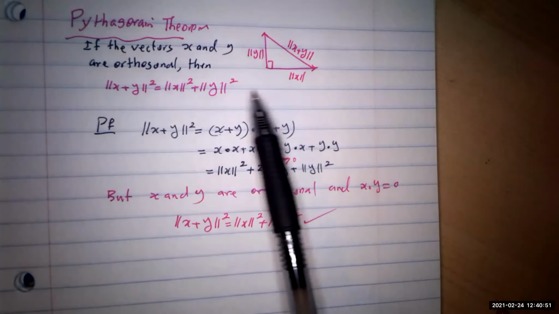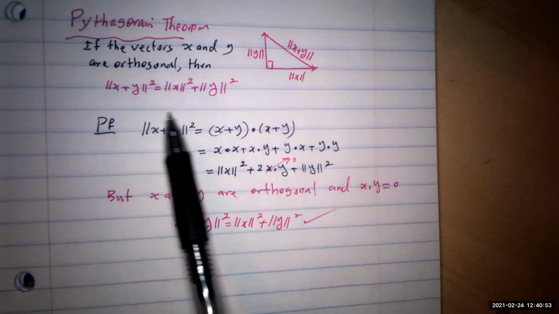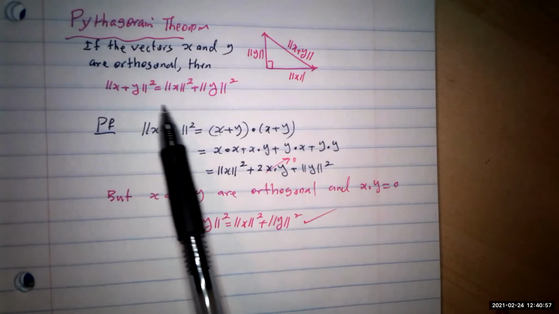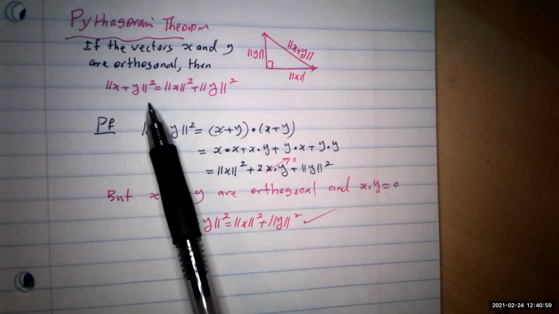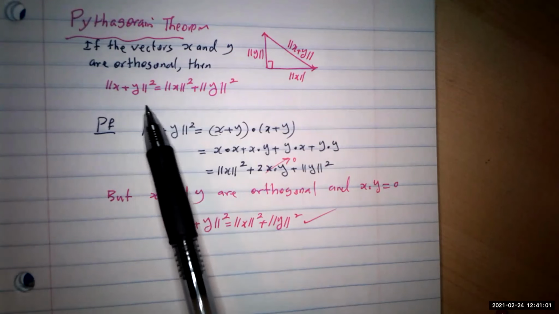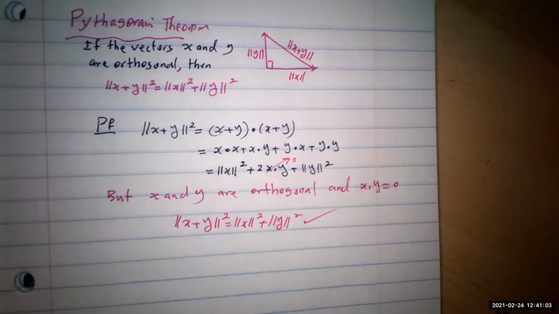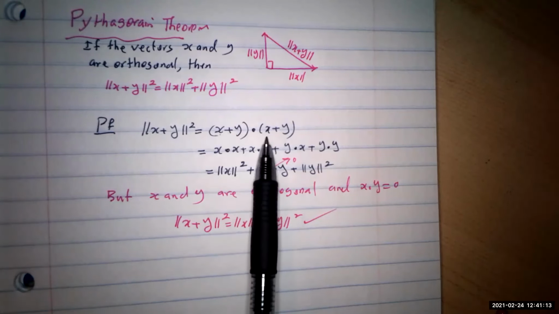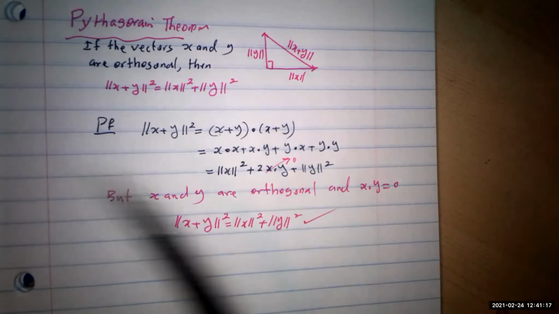And anything you want to prove regarding this norm, just expand this one. If you want to evaluate something, use those formulas, the square root that we have. But if you want to prove something, you have to change it into this form to be able to do it. The norm squared is always a dot product. Expand it quickly, you will get the result.